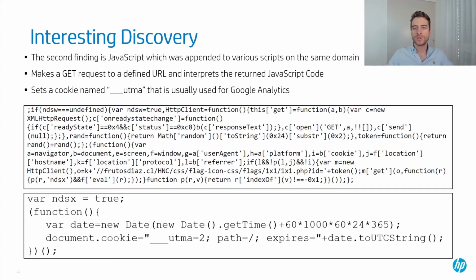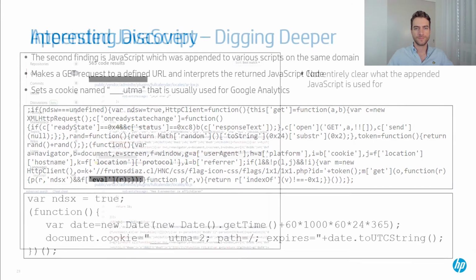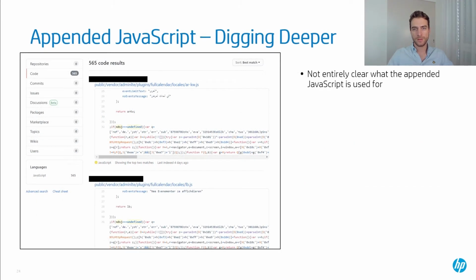The return code simply sets a cookie called UTM-A, which is normally used by Google Analytics. The reason why this cookie is set, or what the purpose of the appended JavaScript code is, is not yet clear. I'm however pretty certain that the appended JavaScript code is not Google Analytics and was put there by the attacker.